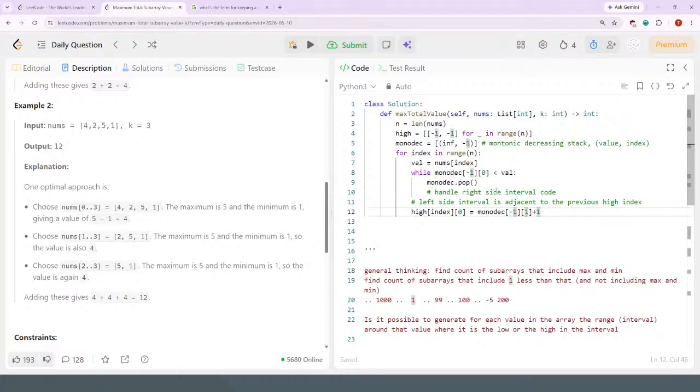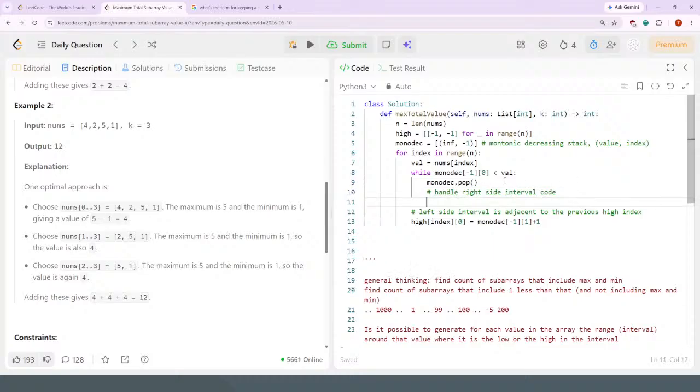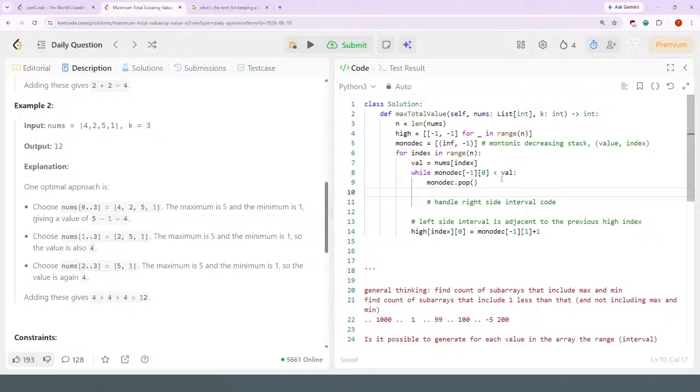Otherwise, that's just how the monotonic decreasing deque works. It's going to pop everything that's smaller than it before it. And that's how it handles the left side, and handles the right side when it pops either here or after the array. So after the array, when it pops, I think I need to know what thing it's popping here.